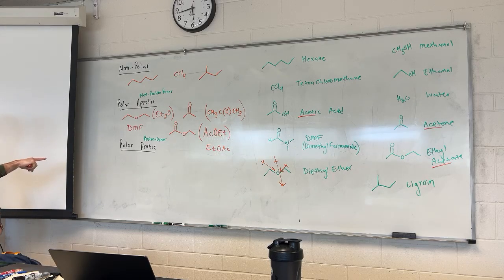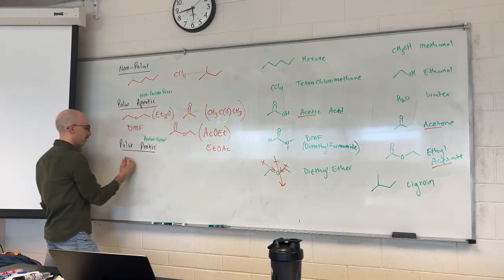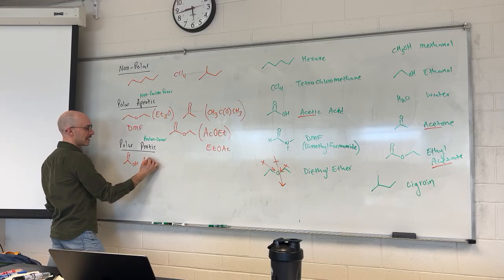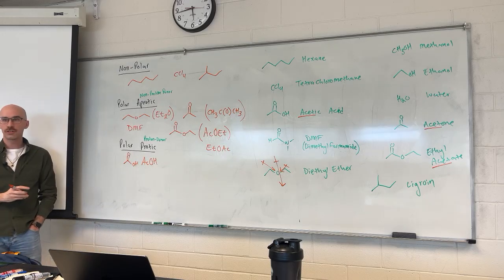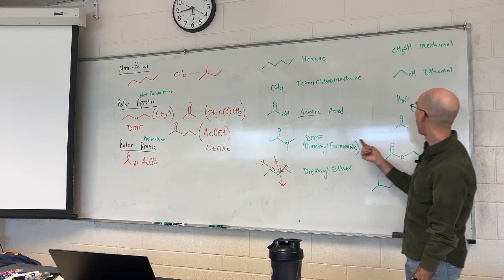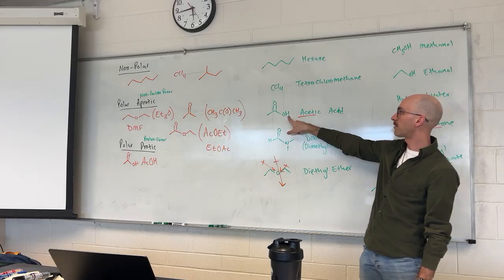Okay, so if I wanted to write acetic acid, which is polar protic, because I have OH, I can write acetic acid as AcOH. Notice how I've swapped ethyl on ethyl acetate for just a hydrogen.